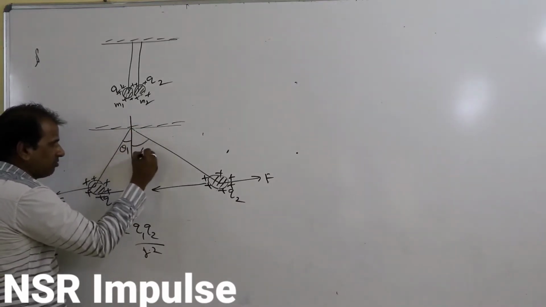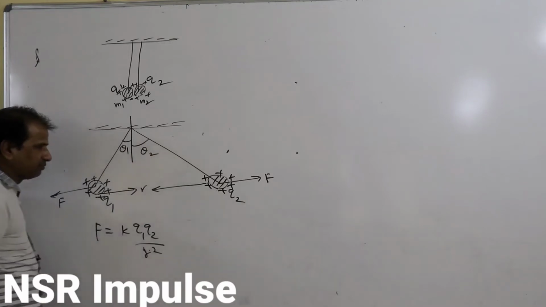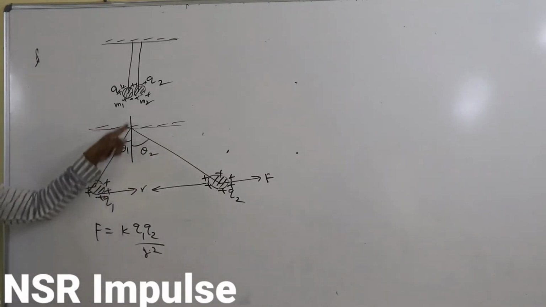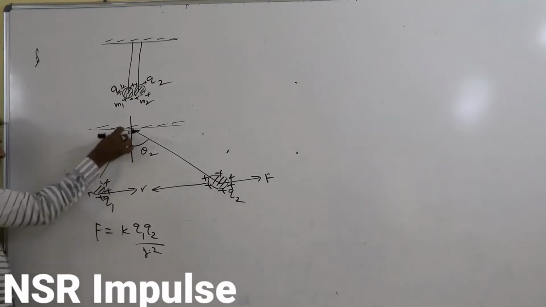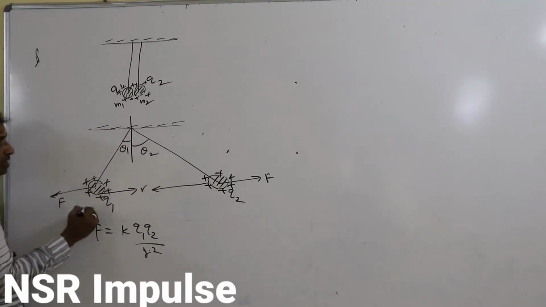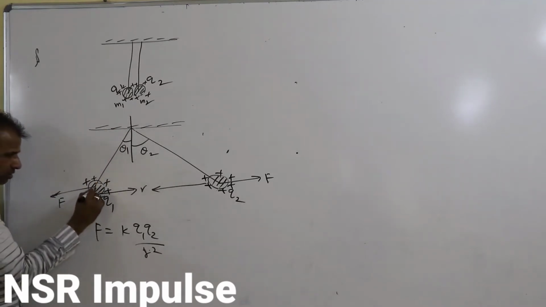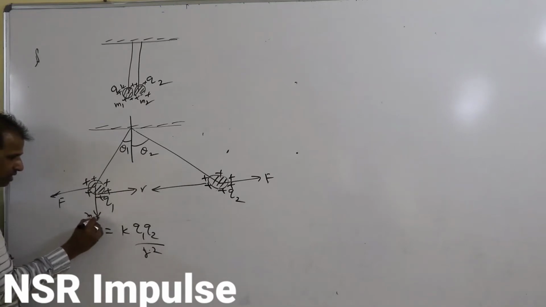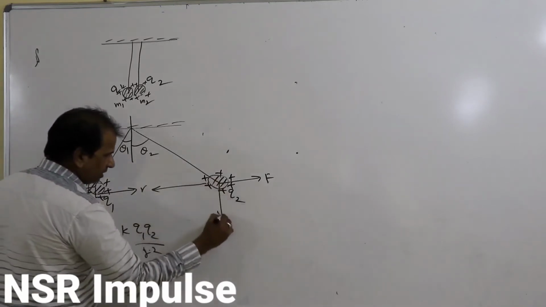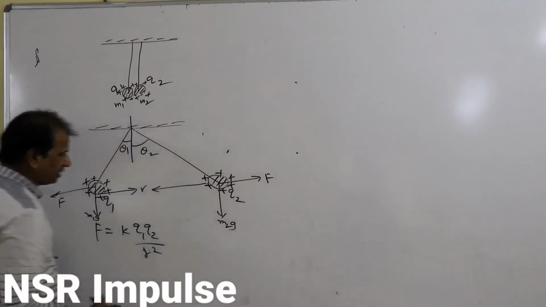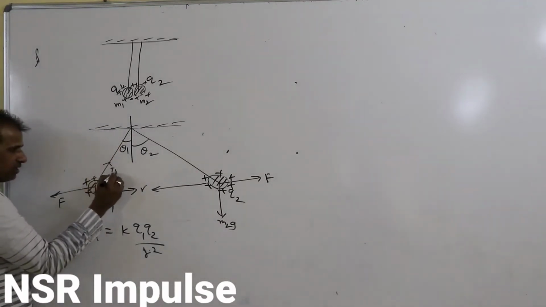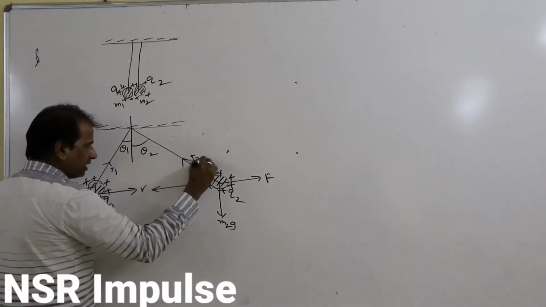This angle is theta 1 and this angle is theta 2. This is the bisecting line. This is a string and it has mass m1, so its weight will be m1g. For the other, weight is m2g. Here you take tension T1. This tension is how much?